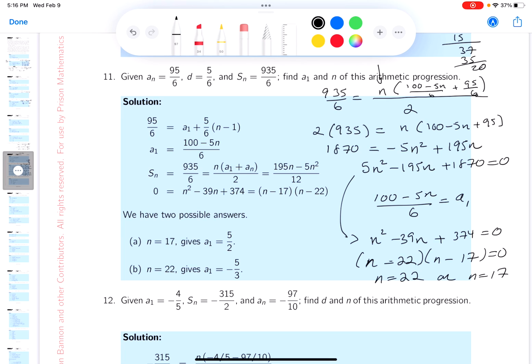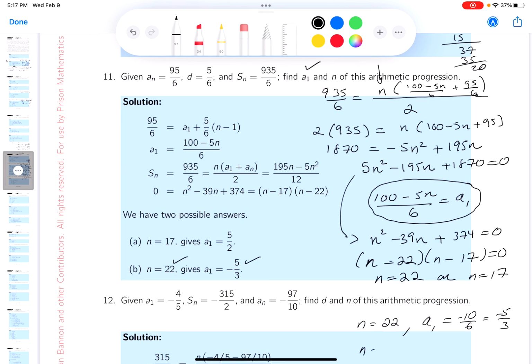I have to go back and wonder what they want. So I think I could come up with a_1. So if n is 22, a_1 would equal, well, I got the formula over here. So what's 5 times 22? That's 110. And 100 minus 110 is minus 10 over 6, which is minus 5 thirds. So if n is 22, I would get minus 5 thirds.